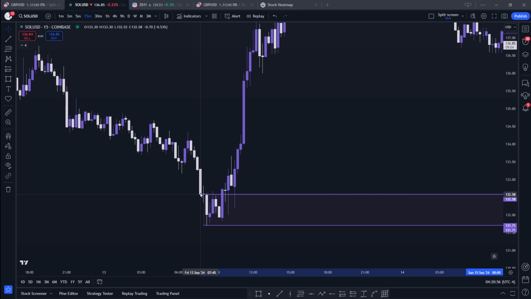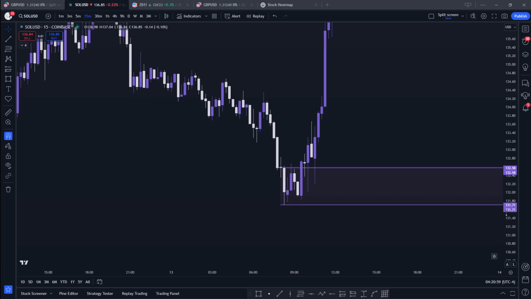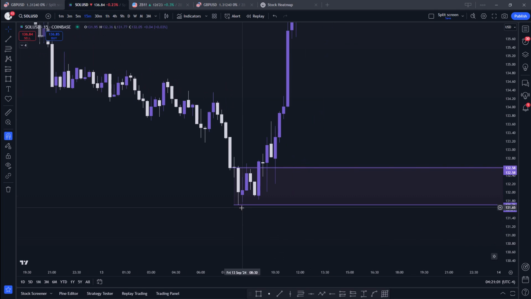On the 15 minutes, it looks more like a mitigation block. I say it's a mitigation block because if you notice, we did not take liquidity from here to there. We didn't take any liquidity. If we took liquidity, it was going to be a breaker. So we didn't take liquidity and we had a market structure shift with a fair value gap over there and an entry to continue higher.